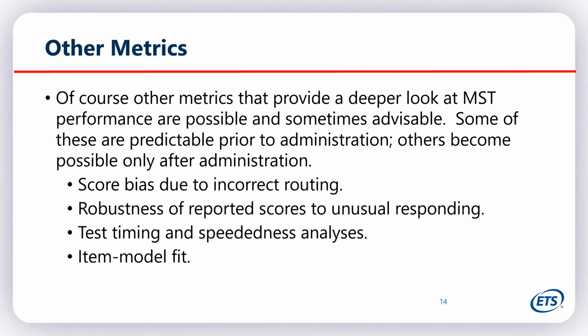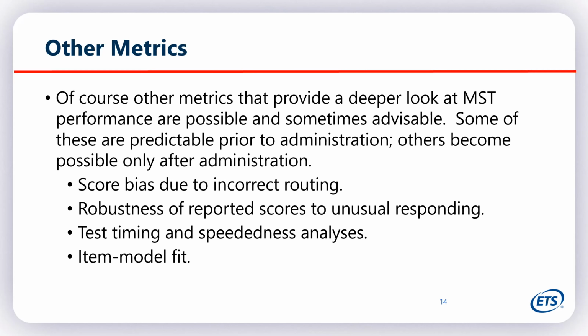So in extreme cases, there is some sort of, call it bias, that is the result of an able student being incorrectly routed to an easier module. But that's not necessarily the fault of either the routing logic or MST in general. It is a reflection of the fact that the student did poorly during at least the first portion of the test.